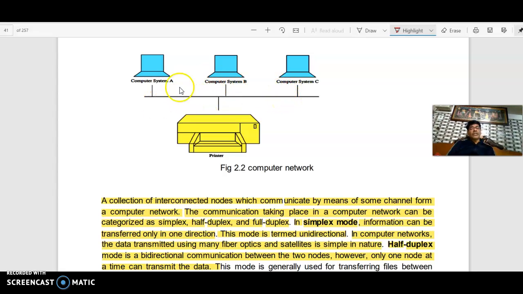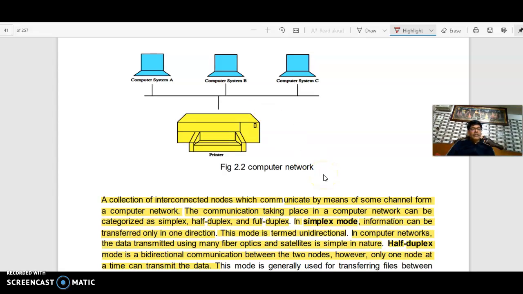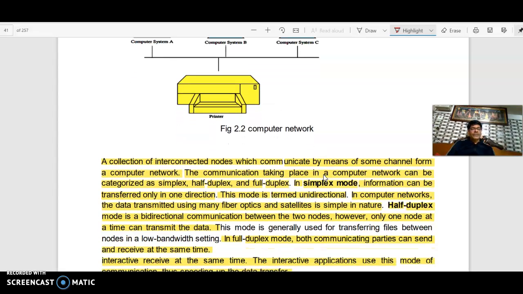It is capable of sending in two directions, but at one time in one direction. Or data may be sent in two directions at any point of time. So that category is named as simplex mode, half duplex mode and full duplex mode.